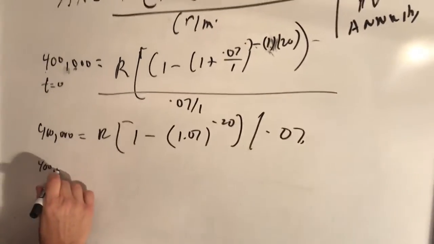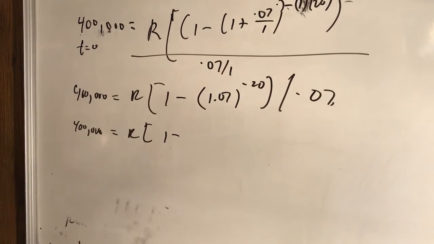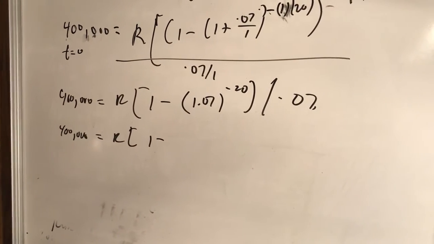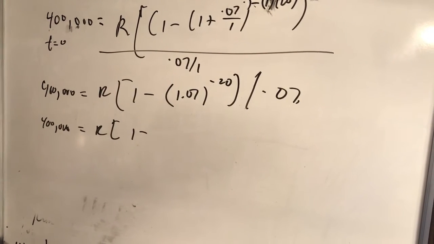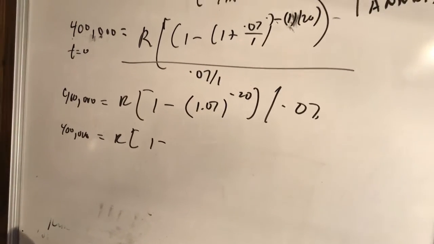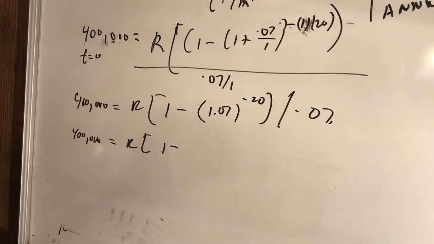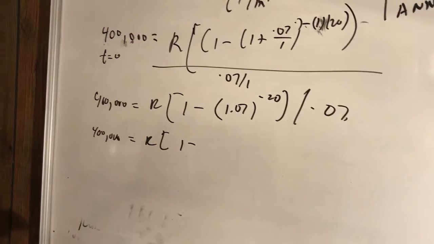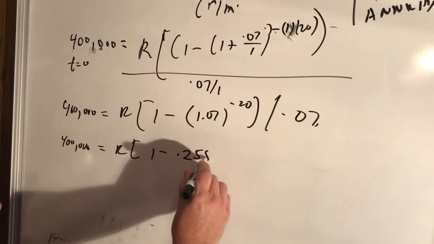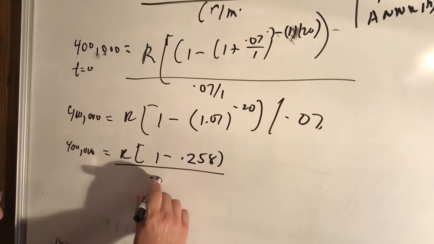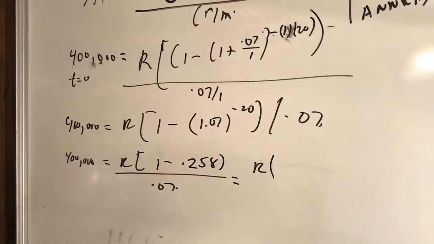I haven't done a present value out, so let's do this one out. 1.07 raised to the minus 20 is 0.258.